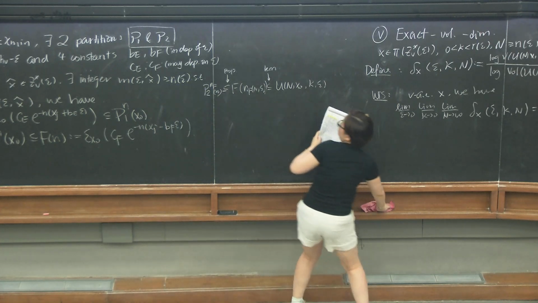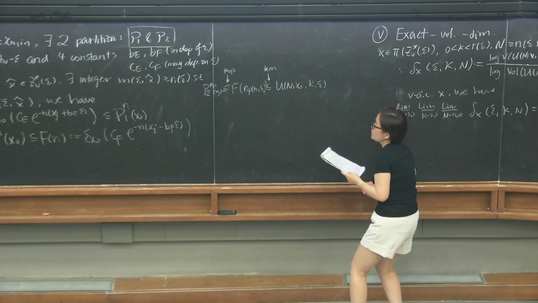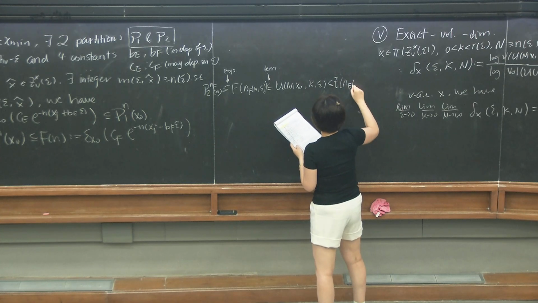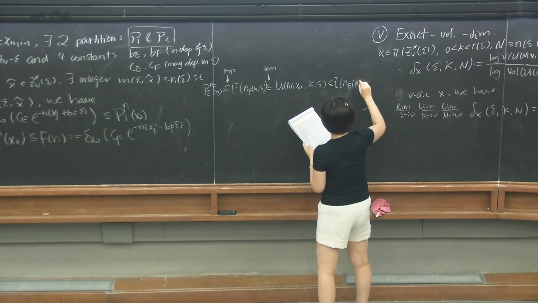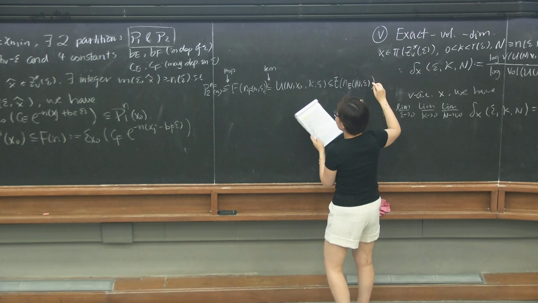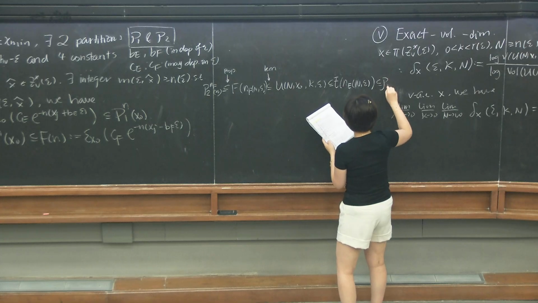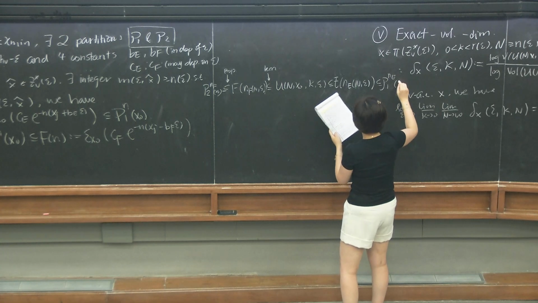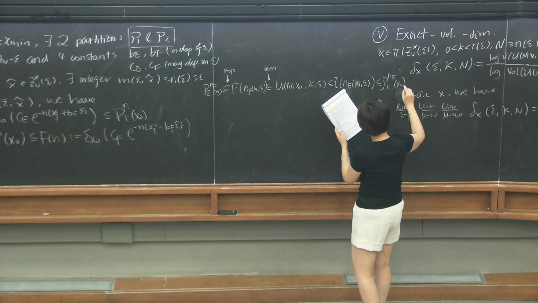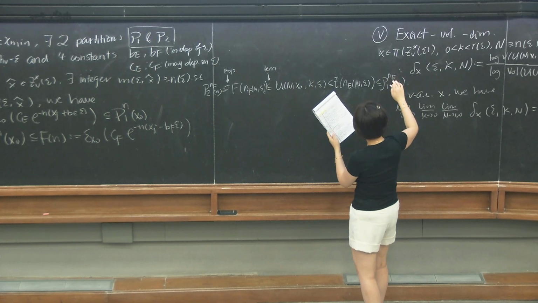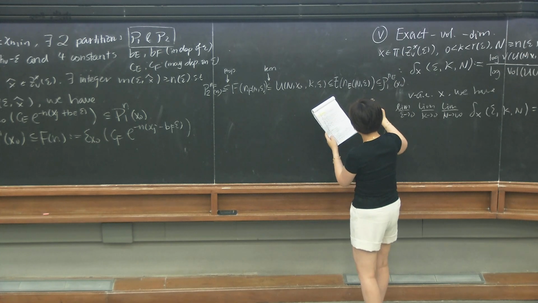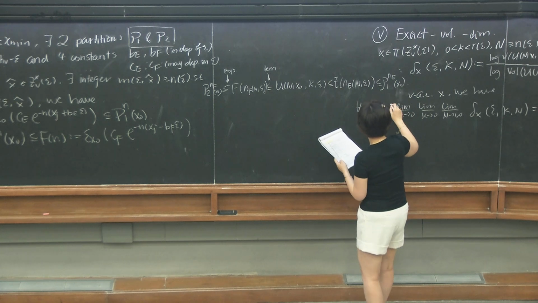Okay, so let me just erase here a little bit. And then this is contained in the other partition, E of big N epsilon. And then this is contained in P1 of n E, containing the point 0. So basically, for all n large, and some numbers.